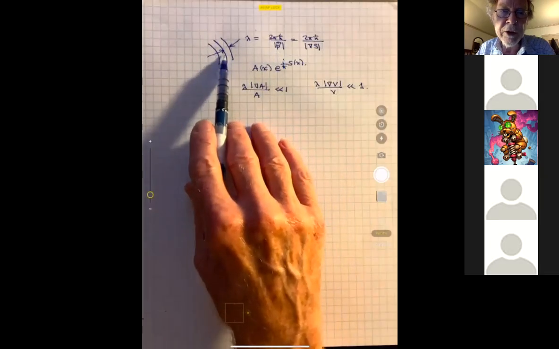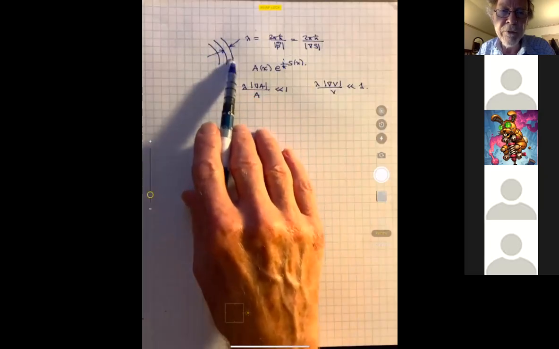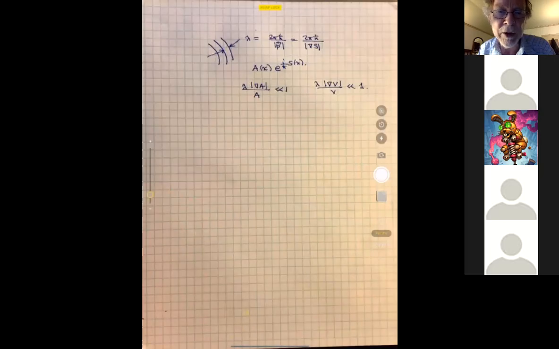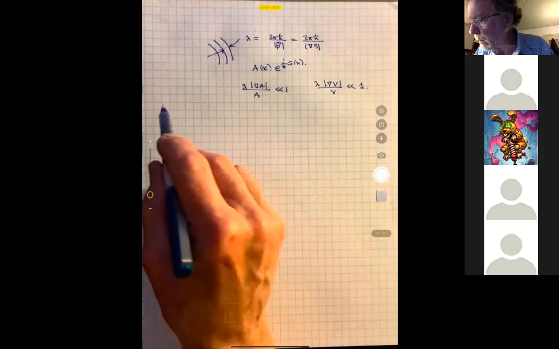And so this picture where I've got nicely separated wavefronts like this breaks down, and it just isn't even qualitatively a good picture anymore. So there's an expansion here which can be thought of as an expansion in h bar, and we are indeed neglecting higher order terms. That's why this is an approximation.